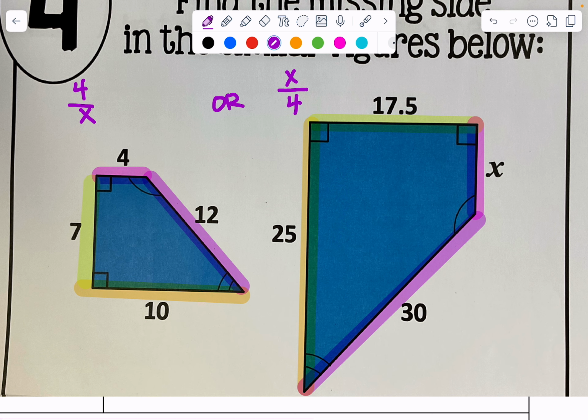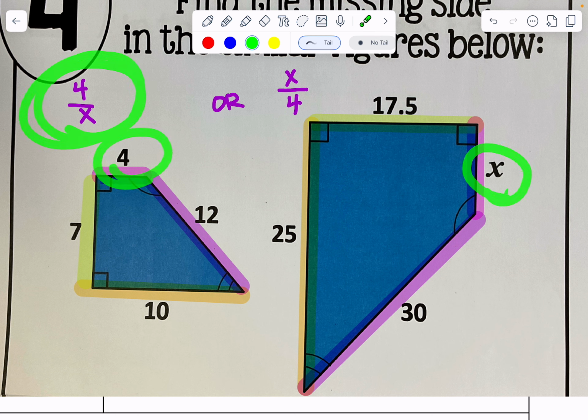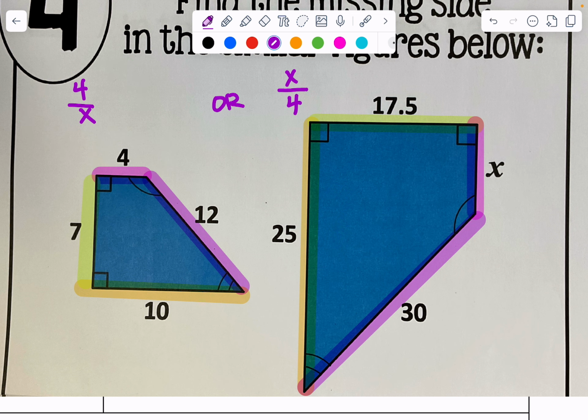I'm going to go ahead and choose the orange ones, the 10 and the 25. So if I set up 4 over X, where I went small to big, then I would set this equal to 10 over 25. Or maybe you did 7 over 17.5. Maybe you did 12 over 30, okay?